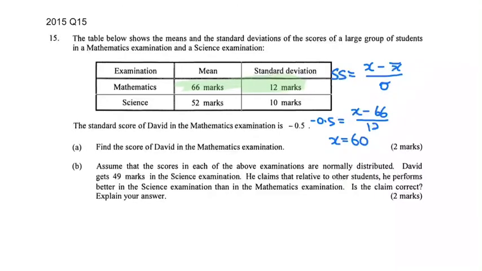And then next, it's asking you, David gets 49 marks in the science exam. You already know his marks, the mean, and the SD. Can you find the standard score without even looking at what the question needs? Well, actually we can. Let's start doing it first. For science, the standard score will be marks minus the mean over the SD.